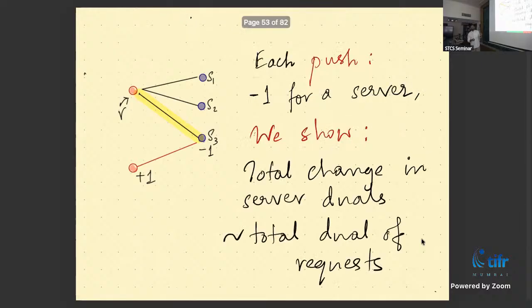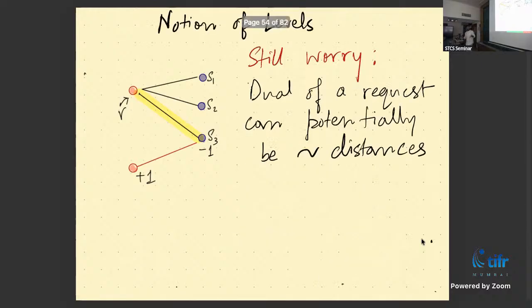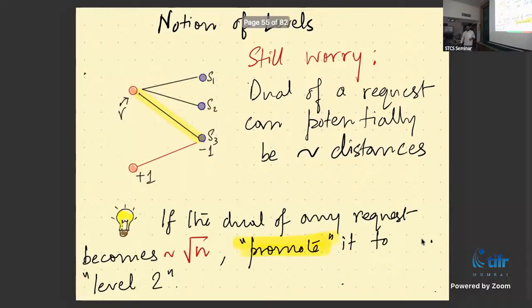What we have shown is that the total dual change is upper bounded by the total dual of requests, but inherently duals are dependent on distances, isn't it? Because remember, I have to make the edges tight. So how do you reconcile that? Here is idea number 2, really. I put a threshold on how long I will carry this process out. In particular, remember in this process, the request duals are always going up.